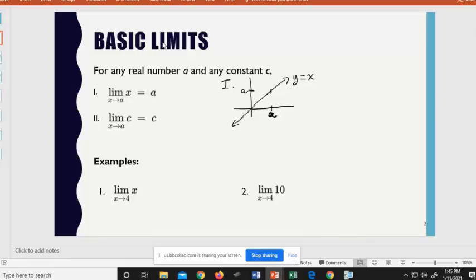The second one, though, is a constant. And a constant function is always the same, right? And so it's a horizontal line.